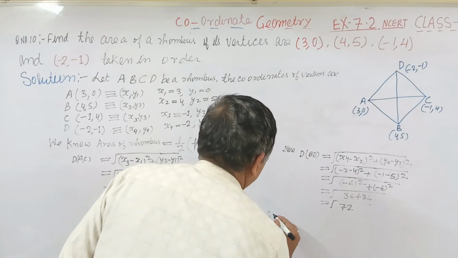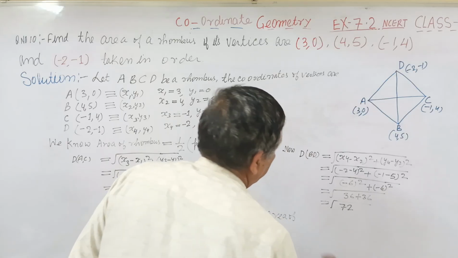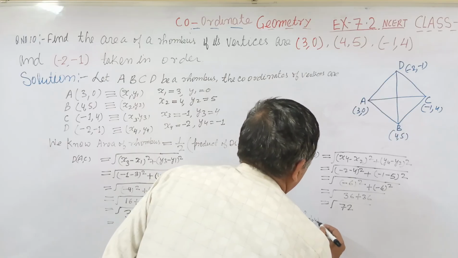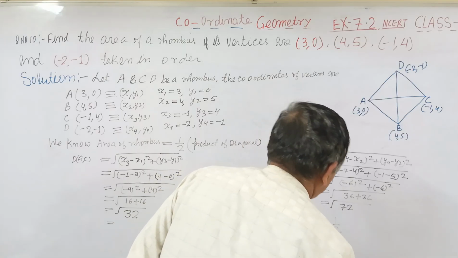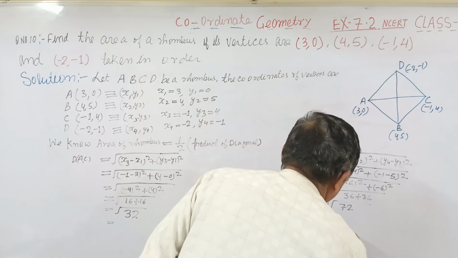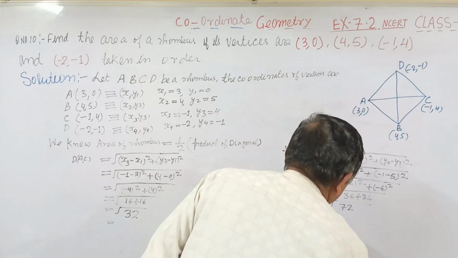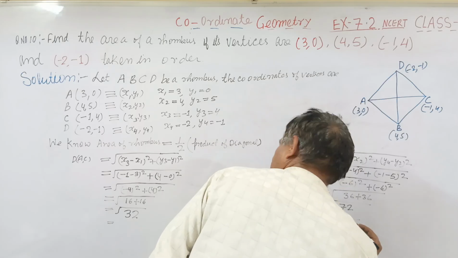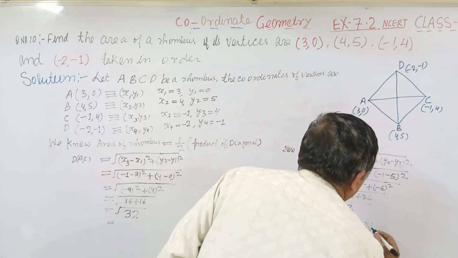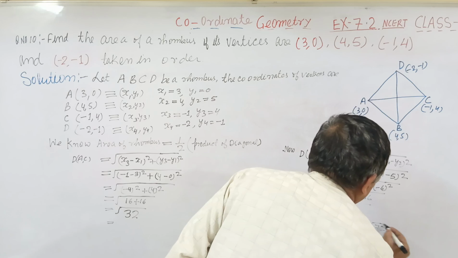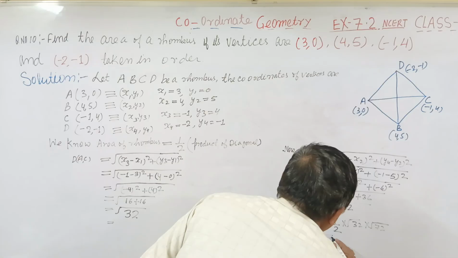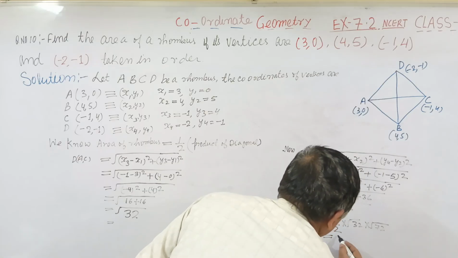So the area of the rhombus will be 1 by 2 into root 32 into root 72.